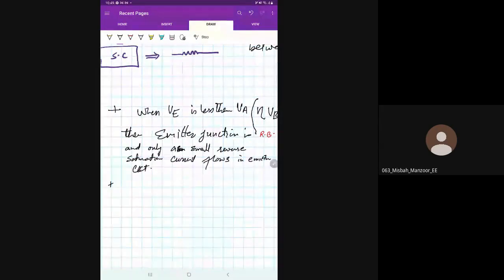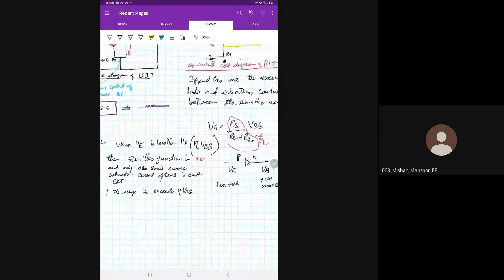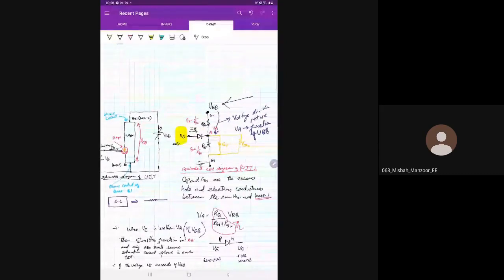But what happens if the voltage VE exceeds eta times VBB? I'll ask students to help me determine the state.